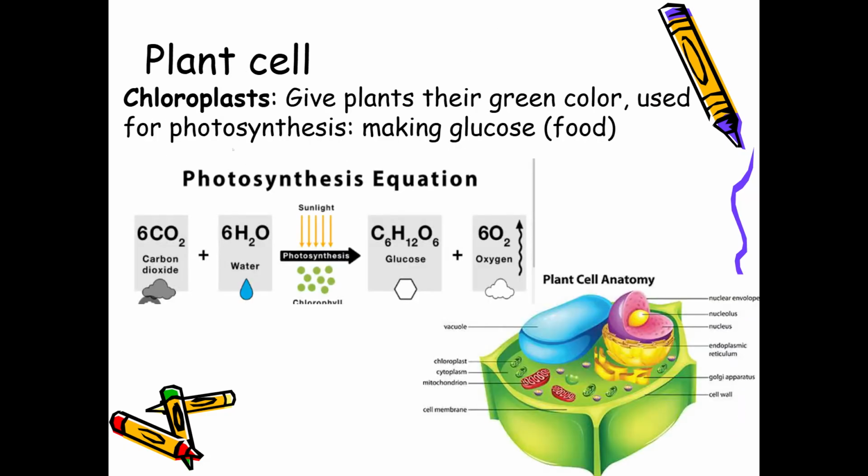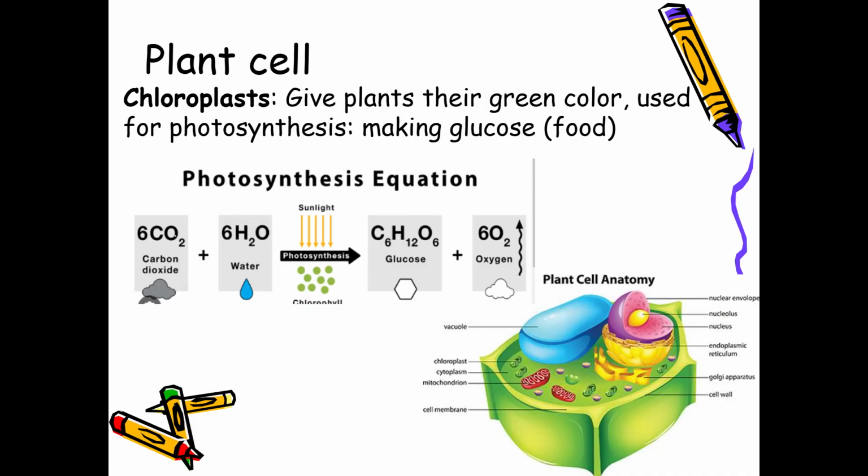All right, so chloroplasts are found in plant cells, and chloroplasts are what give plant cells their green color, because they have chlorophyll in it, which is a pigment. Pigment is the word I was looking for. So chloroplasts have chlorophyll, which is a pigment that is a big part of photosynthesis, okay?